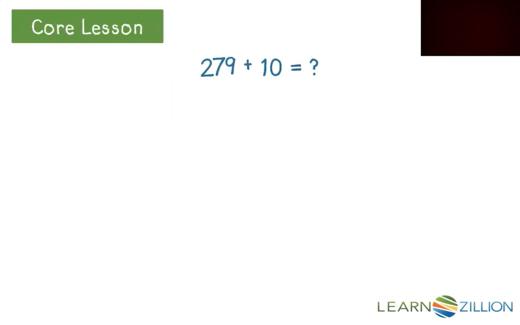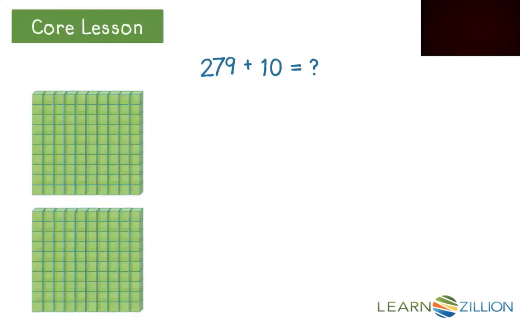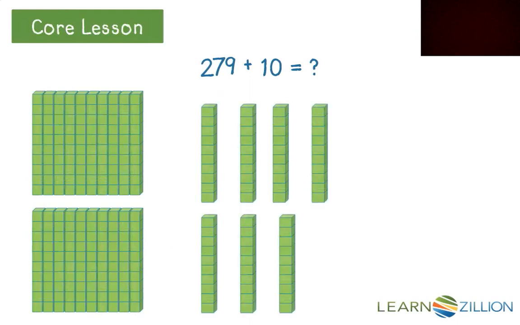So we are first going to look at this addition sentence, 279 plus 10. And here is a picture of 279 using base 10 blocks. So I have two hundreds, seven tens, and nine ones. So I picture the big number in my head, in my number sentence first. Then I look at what else I'm adding. In this case, I am adding 10. I know that 10 is the same as 1 ten long.